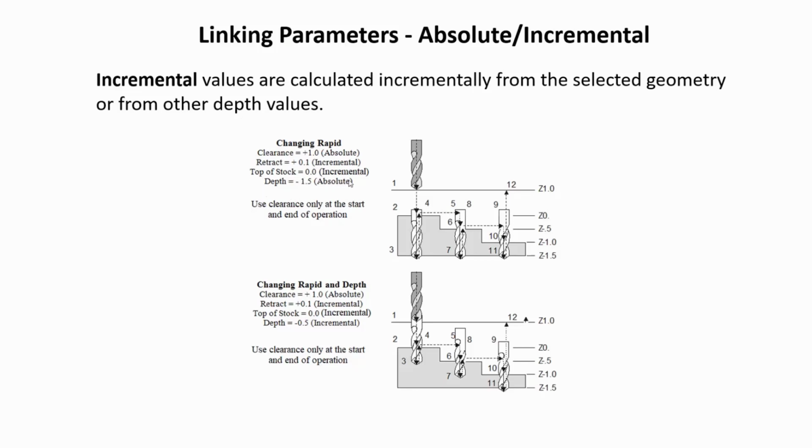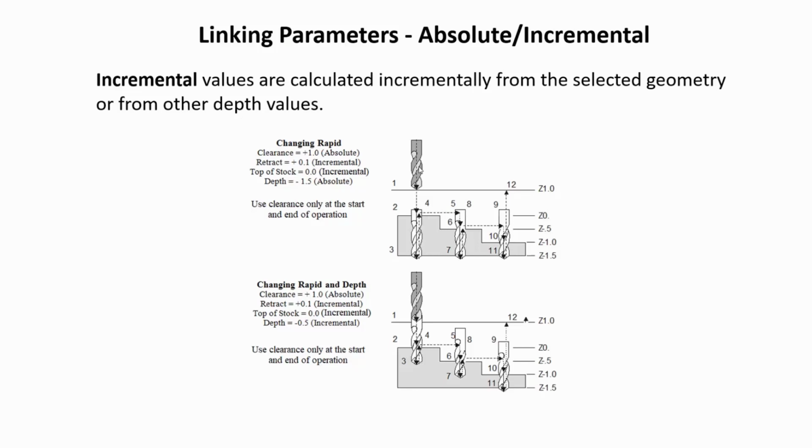When the top of the stock is set to incremental and 0, the system considers the top of the stock to be where we select the holes. We select them at different Z heights, and the top of the stock set to incremental will be set to those heights.